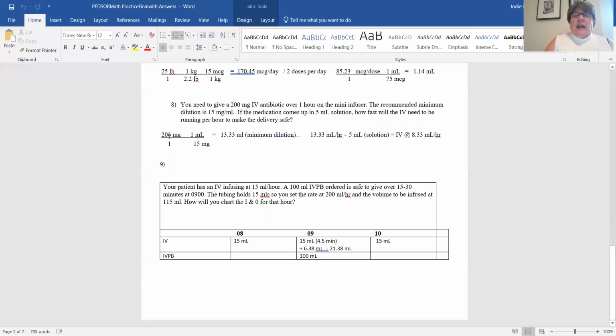First, you're going to see how many milliliters you have to dilute the 200 milligrams with, if the most that you can have is 15 milligrams in 1 milliliter. So you'll find that you'll need 13.33 milliliters to dilute this 200 milligrams.